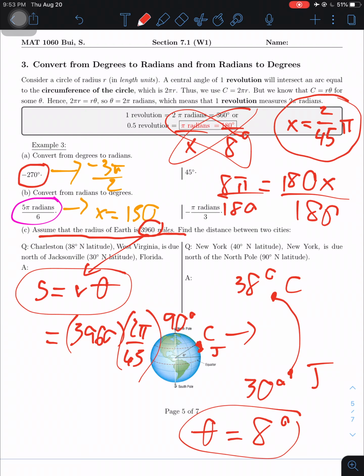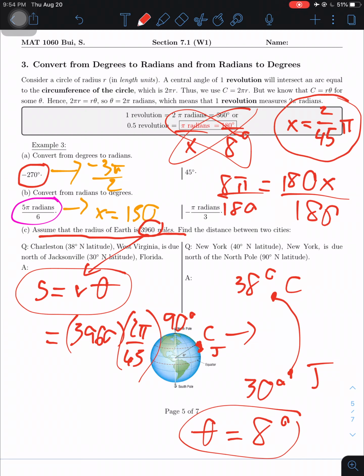And since the question doesn't specify how many digits or how many decimals we have to round to, if you see this situation in the assessment, please keep in mind to round it to two decimal places. Okay, so let me do 3960 times 2 times 3.14 divided by 45.